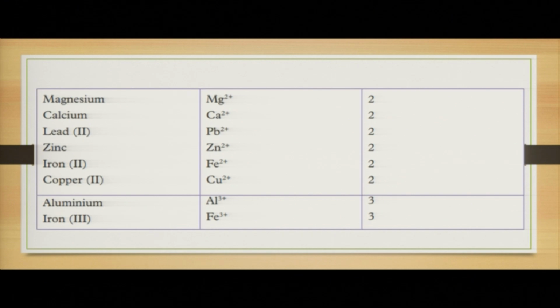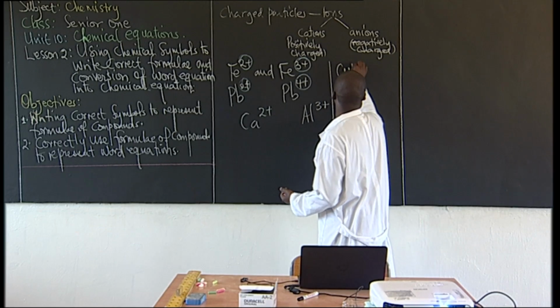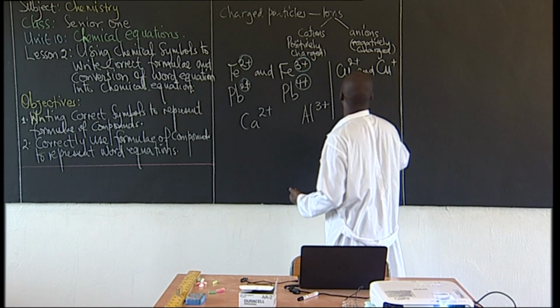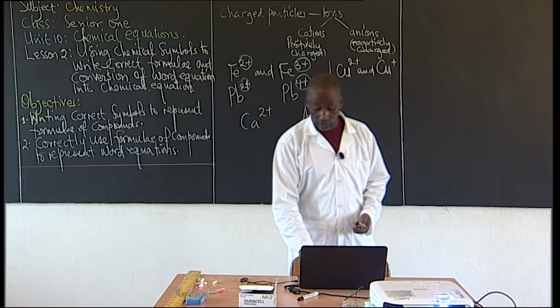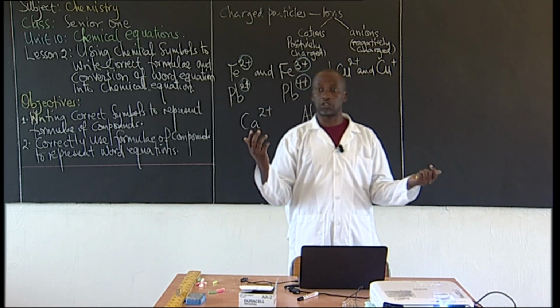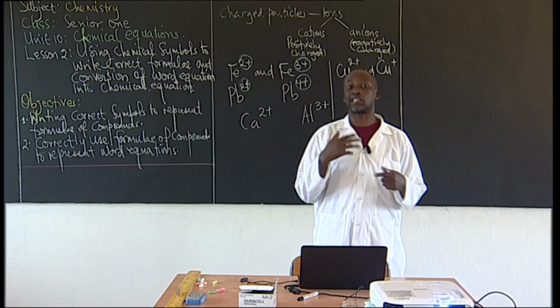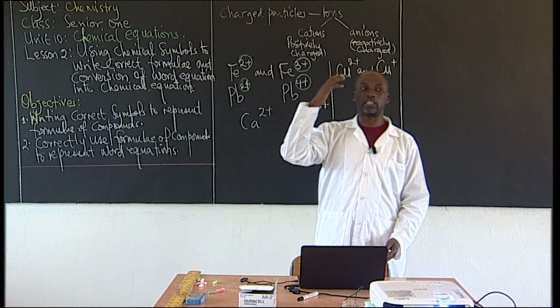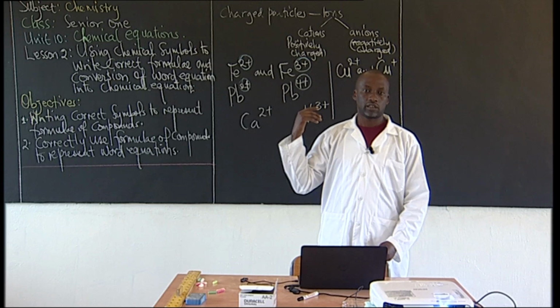If you say iron 2, there is another iron 3. Copper 1, there is copper 2 as well. So those are differences that we should note. Actually, this is just a reminder of what you looked at in the previous unit.